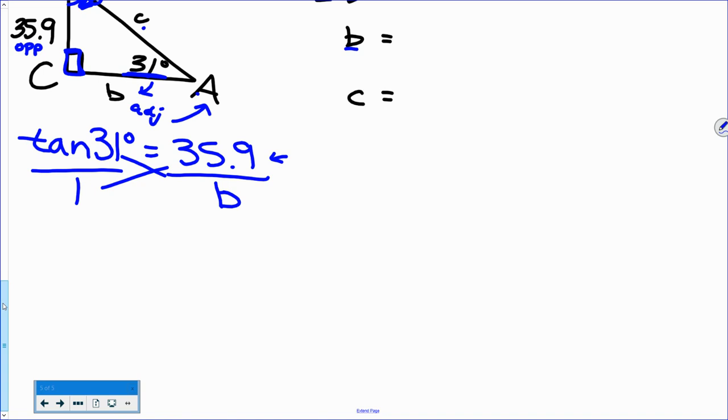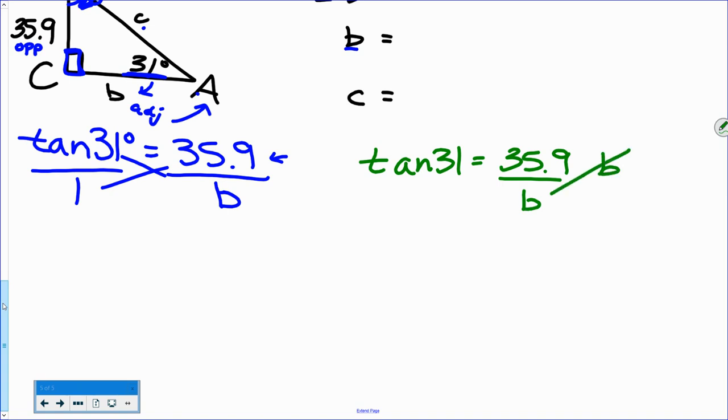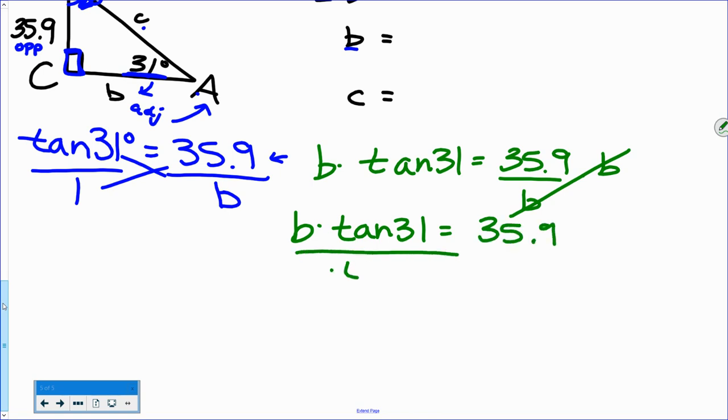That's fine. I typically think of it as I'm going to multiply both sides by B to get B out of the denominator. And then from here, I'm going to divide by tangent of 31.